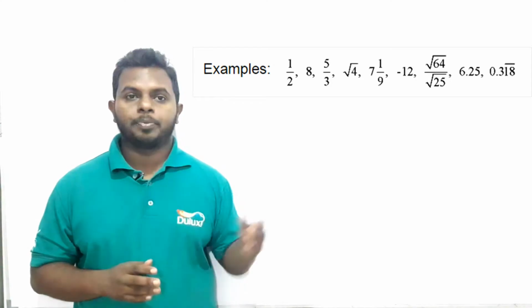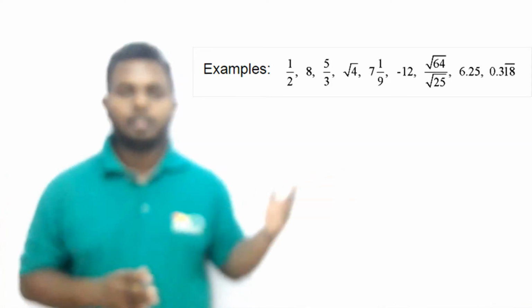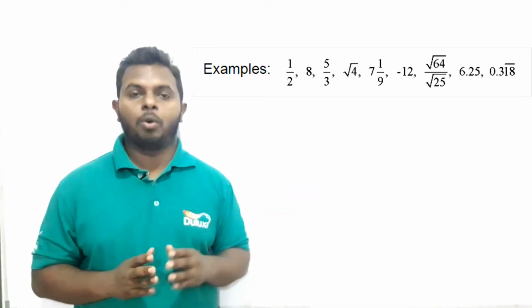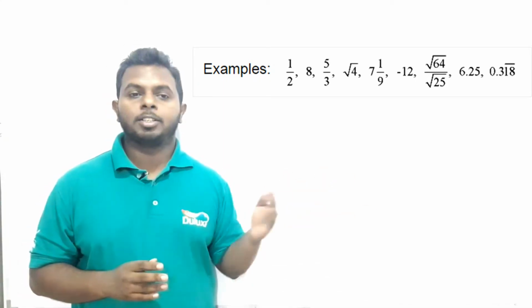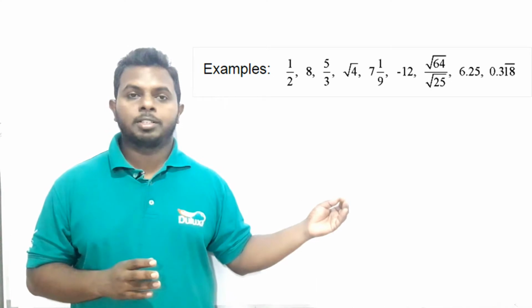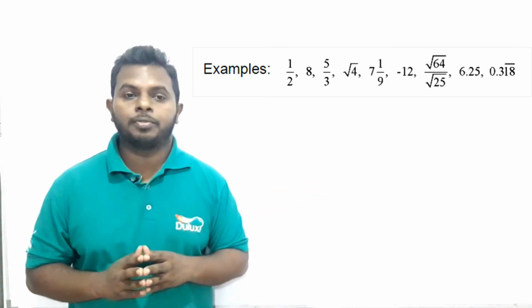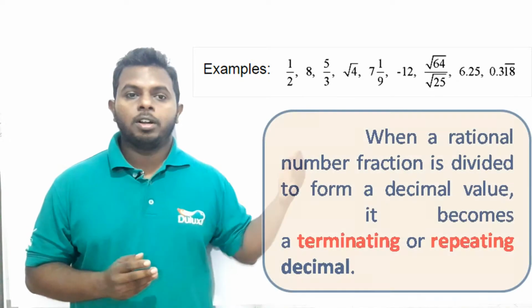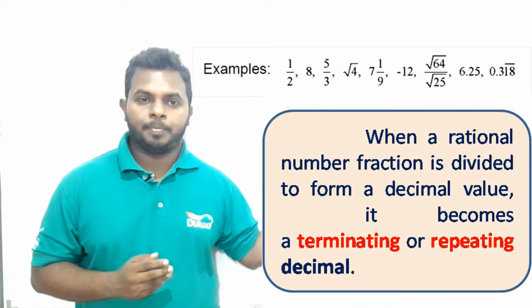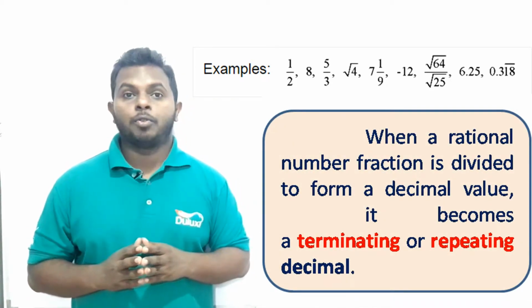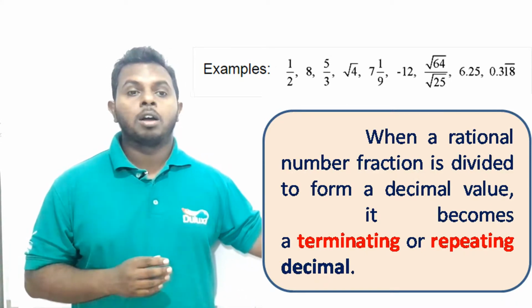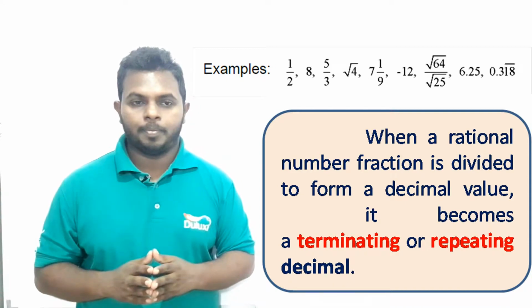Some examples of rational numbers are half, 8, 5 over 3, square root 4, minus 12, square root 64 over square root 25, 6.25. When a rational fraction is divided to form a decimal value, it becomes a terminating or repeating decimal.